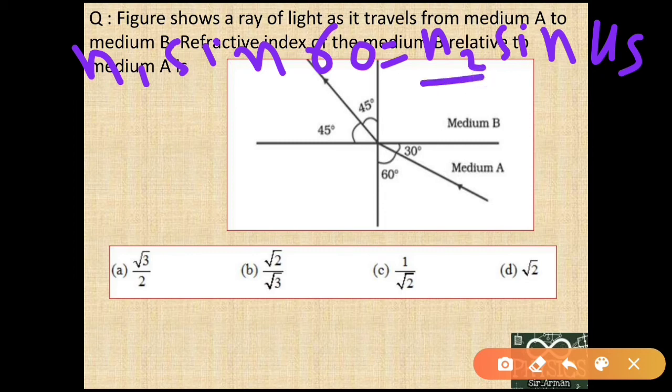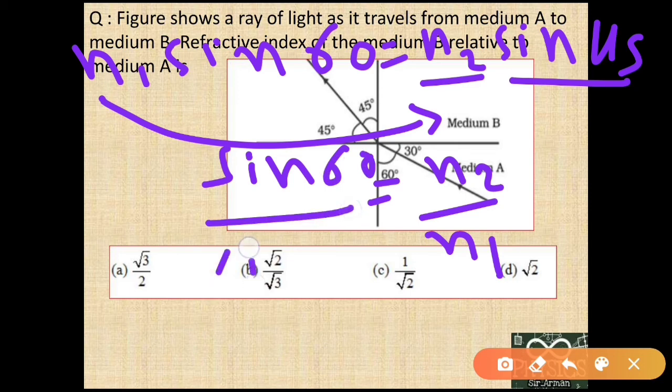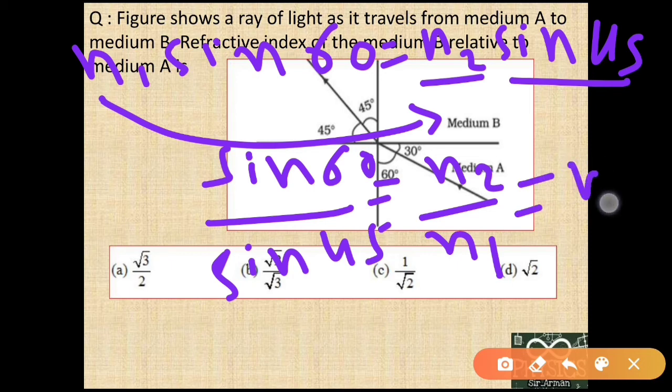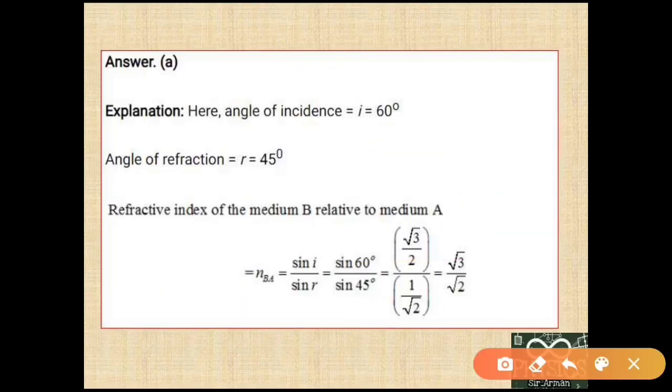I want to find the refractive index of medium 2 with respect to medium 1, so I can take eta 1 to this side. So it becomes eta 2 by eta 1. And I can take sine 45 to the left side. Then it becomes sine 60 divided by sine 45. So eta 2 by eta 1 is the refractive index of medium 2 with respect to medium 1, or the refractive index of medium B with respect to medium A. Then we can solve this ratio. So this is our answer.